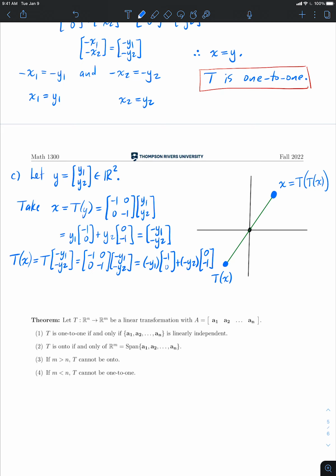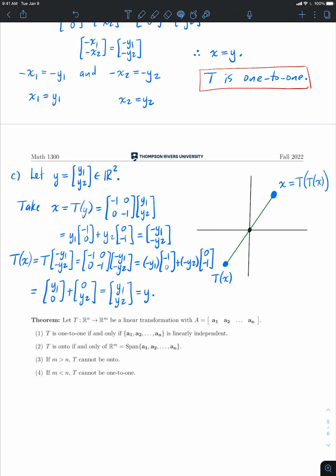This gives us negative y1 multiplied by negative 1, which is y1, and 0. Then negative y2 times 0 gives 0, and negative y2 times negative 1 gives positive y2. So you'll have 0, y2. Finally, you get y1, y2, which is y.